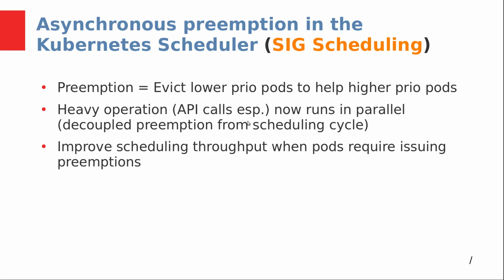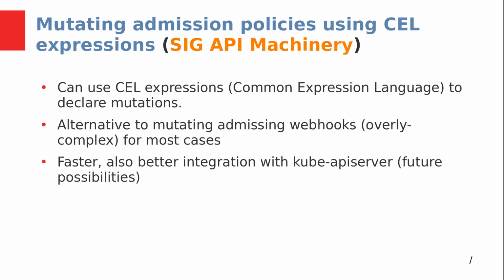There's a lot of API calls especially that are made, and it now runs in parallel because preemption has been decoupled from the scheduling cycle. And what this means, the benefit, is that there should be improved scheduling throughput when there are pods that require issuing preemptions. So that's what asynchronous preemption in the Kubernetes scheduler new feature is.